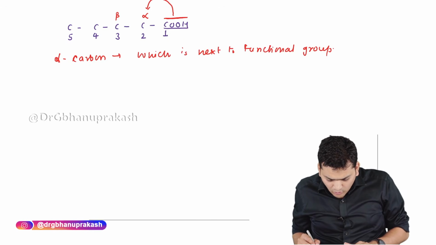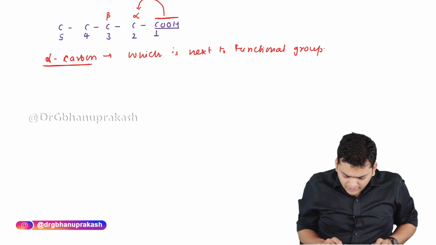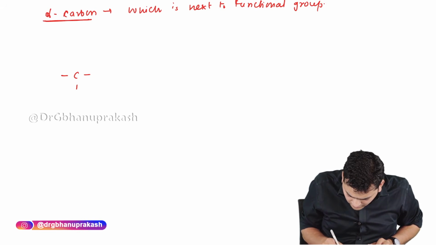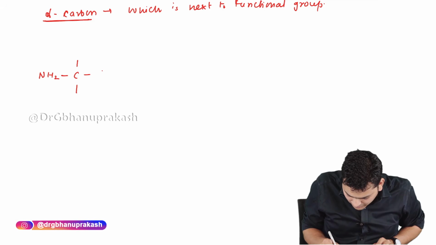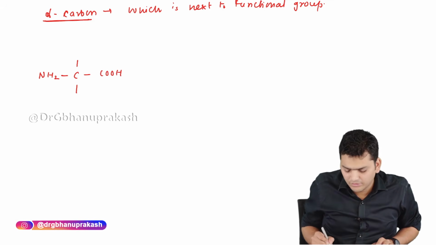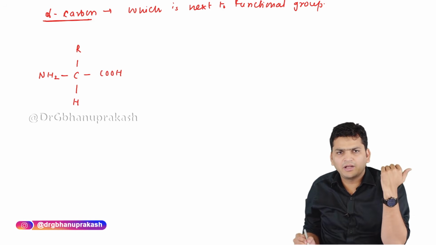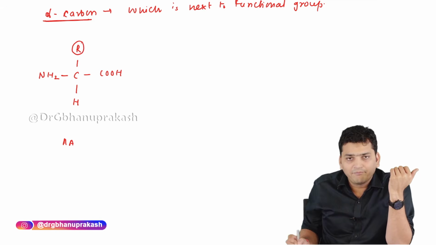If we apply the same concept of alpha carbon on the amino acid, say this is the carbon having 4 valencies. One valency has the amino group, another has the acidic group, the third is hydrogen, and the fourth can be anything, so I am writing R. This is the structure of amino acid.